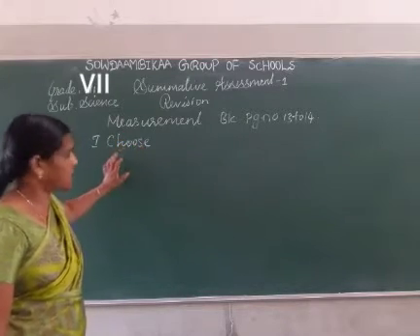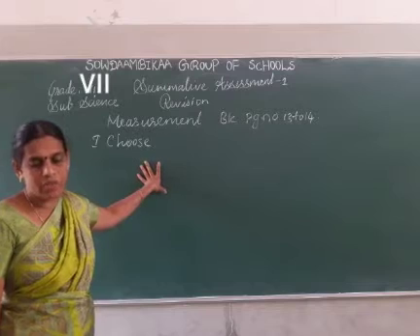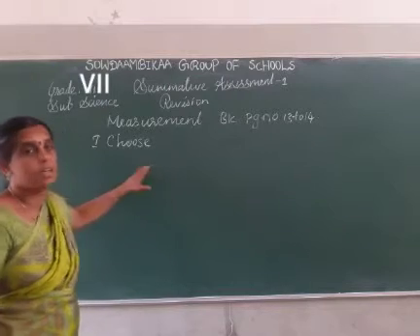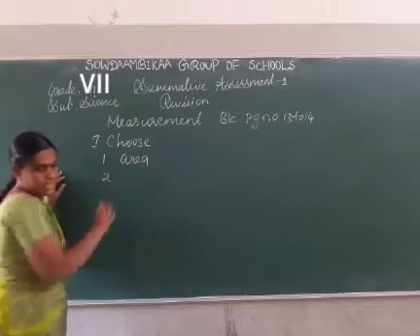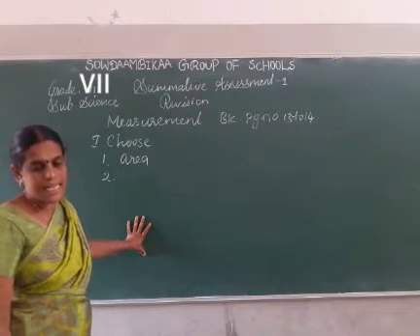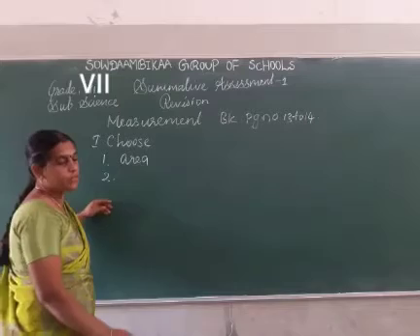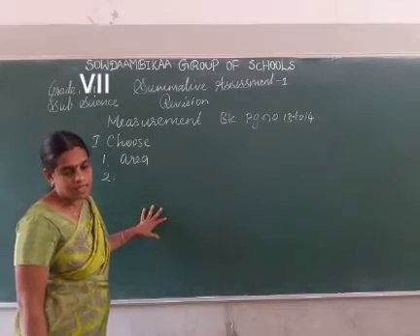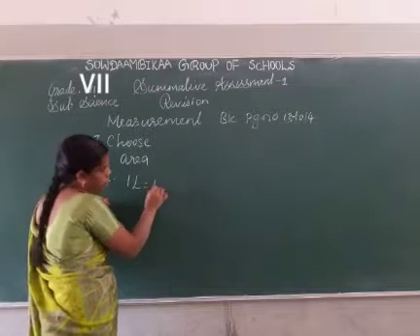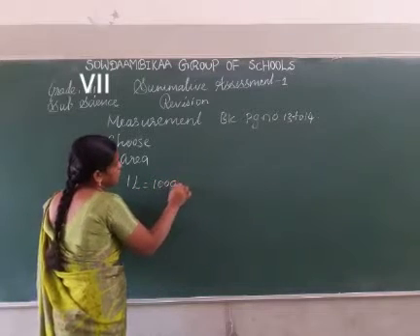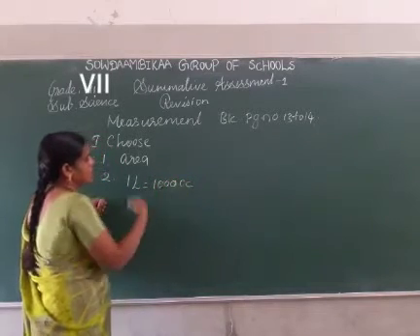So choose the correct answer. What is the first question? Which of the following is the derived unit? Area. Next question: which of the following is correct? 1 L equal to 1000 cc.